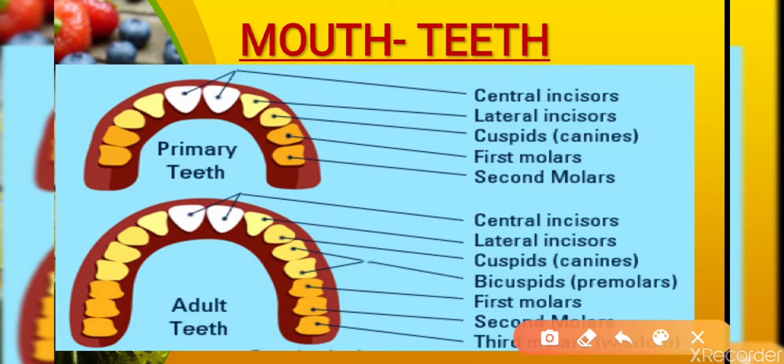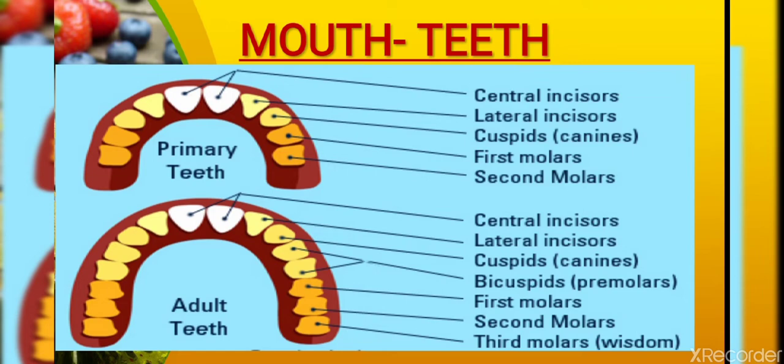Next to the incisor, you find one sharp tooth. This is known as the canine. Next to the canine, we have two flat teeth with some projections. These are the premolars. And in the adult human being, next to the premolars, we have three molars.